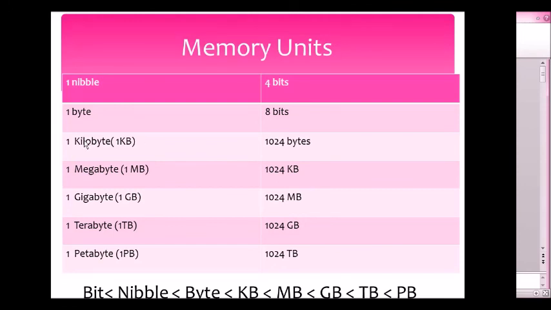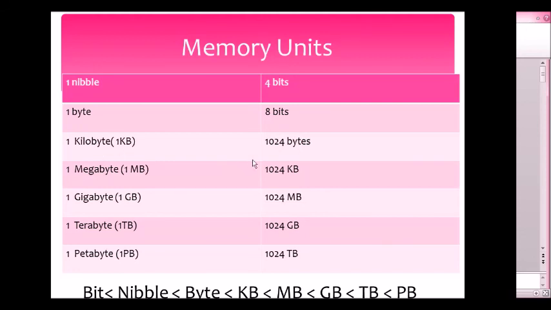In maths, actually, we learn kilo means 10 power 3, mega means 10 power 6, giga means 10 power 9, like that. But in computer memory sizes we don't say 10 power 3, which is 1000, it is 1024. Okay, this is actually 2 power 10.